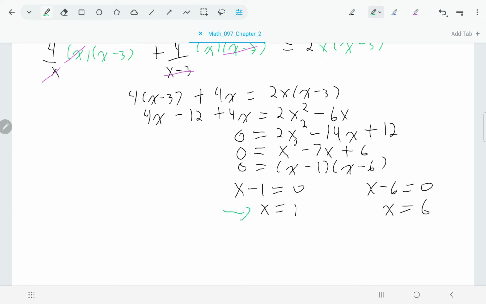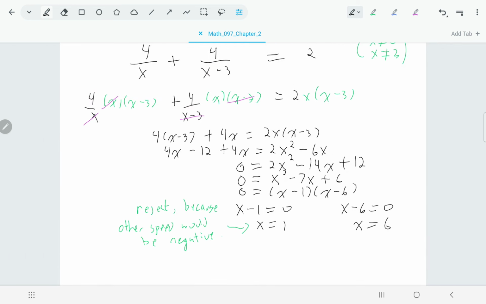So I'm going to reject this one because it makes the speed going home negative. So I know that x equals 1 actually can't be a solution after all, because that would mean you'd have a speed of -2 kilometers an hour going home.